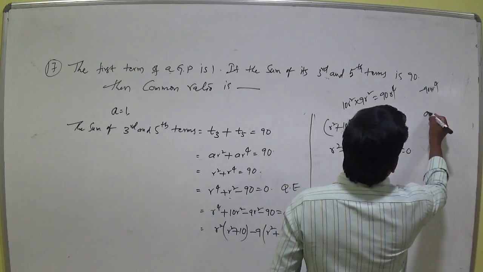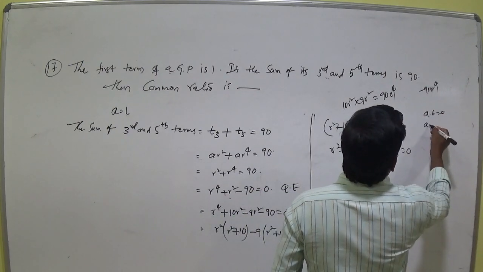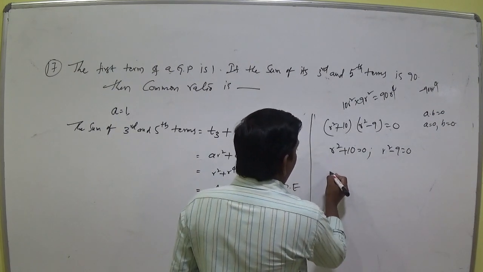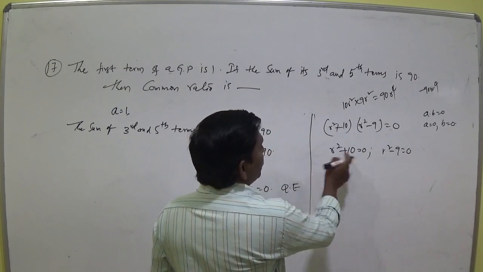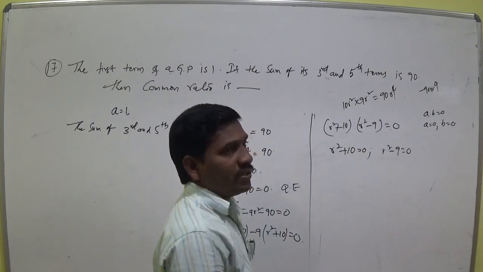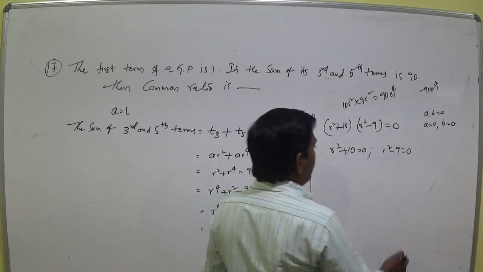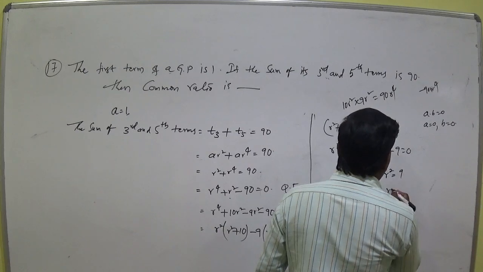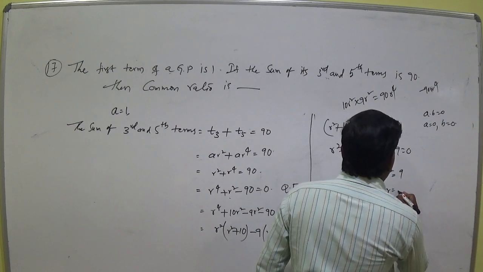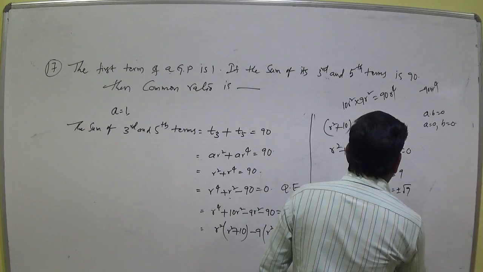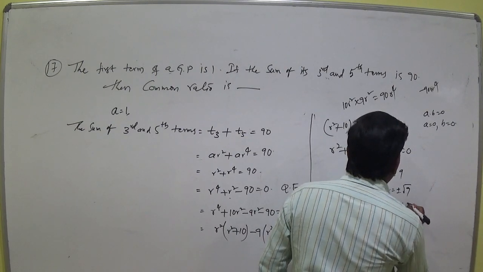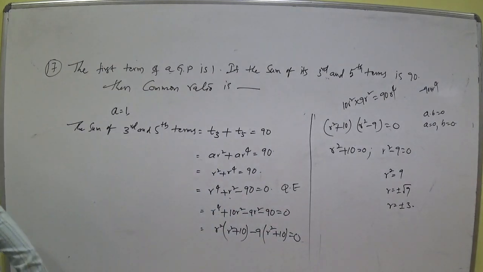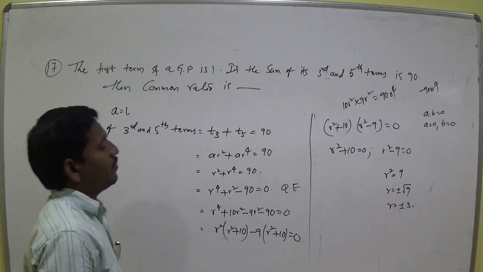And we know that if A into B equal to 0, we can write A equal to 0 or B equal to 0. So R square equal to minus 10 and R square equal to 9. R equal to plus or minus root 9, R equal to plus or minus 3.